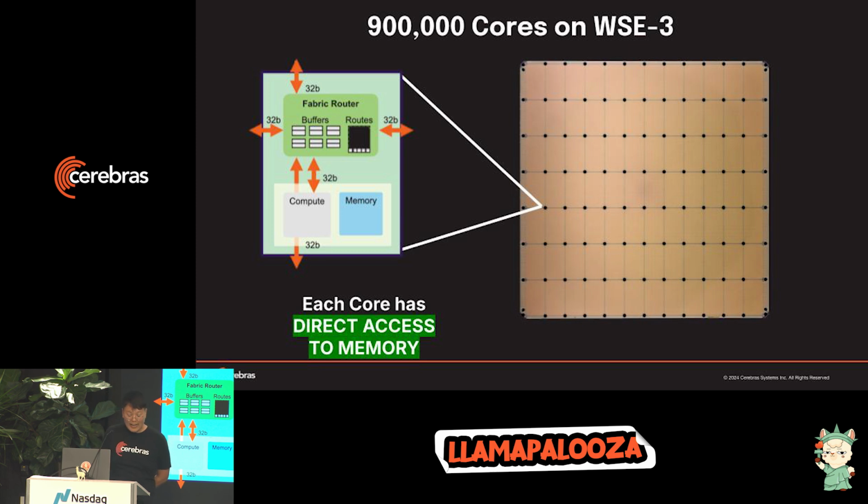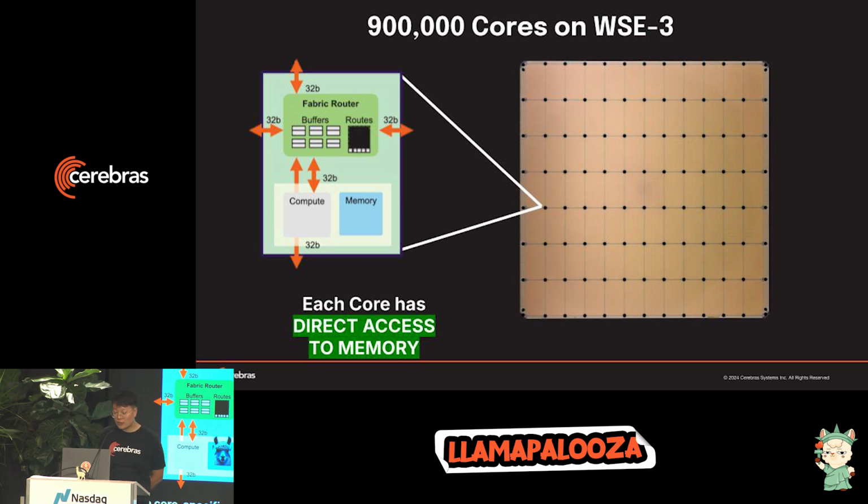With Cerebras, we have a completely different chip design. Every single core has direct access to fast memory, which means that this design eliminates the need to repeatedly fetch weights from something off the chip, which reduces the entire memory bandwidth requirements and power needed to run something like this in production.